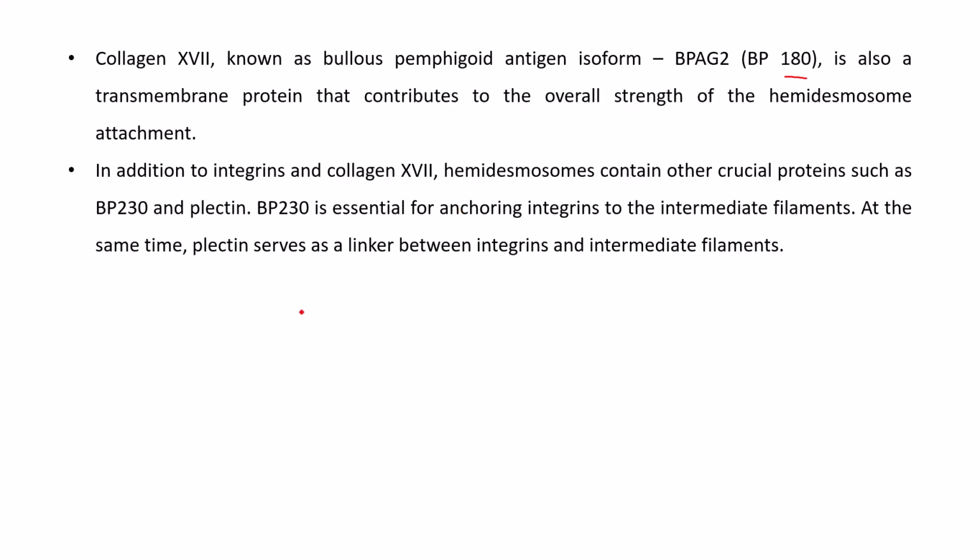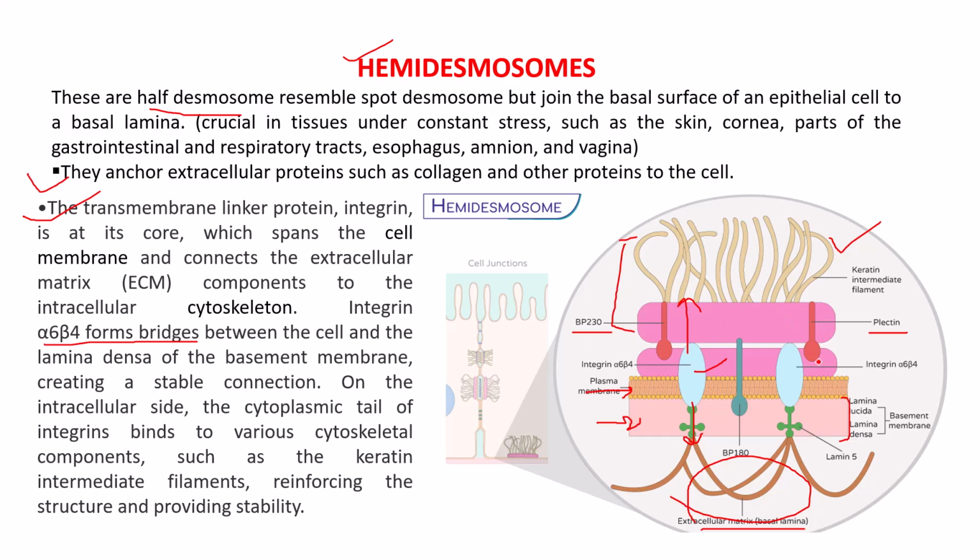In addition to these, BP230 is also present, which helps in anchoring of integrins to the intermediate filament, and at the same time plectin serves as a linker between integrin and intermediate filament. This is the plectin, this is BP230. They are helping integrin alpha 6 beta 4 to join and make a bridge.